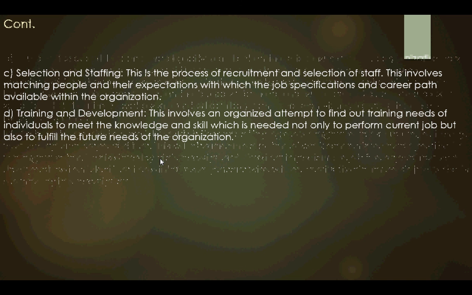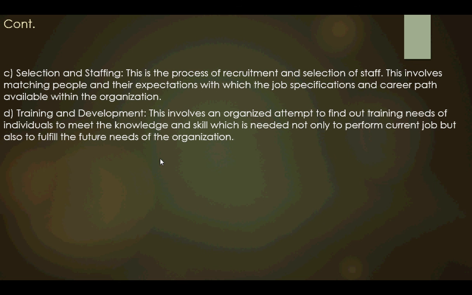In this process, recruitment and selection of staff. This involves matching the people and their expectations with the job specification and career path available within the organization. Training and development.